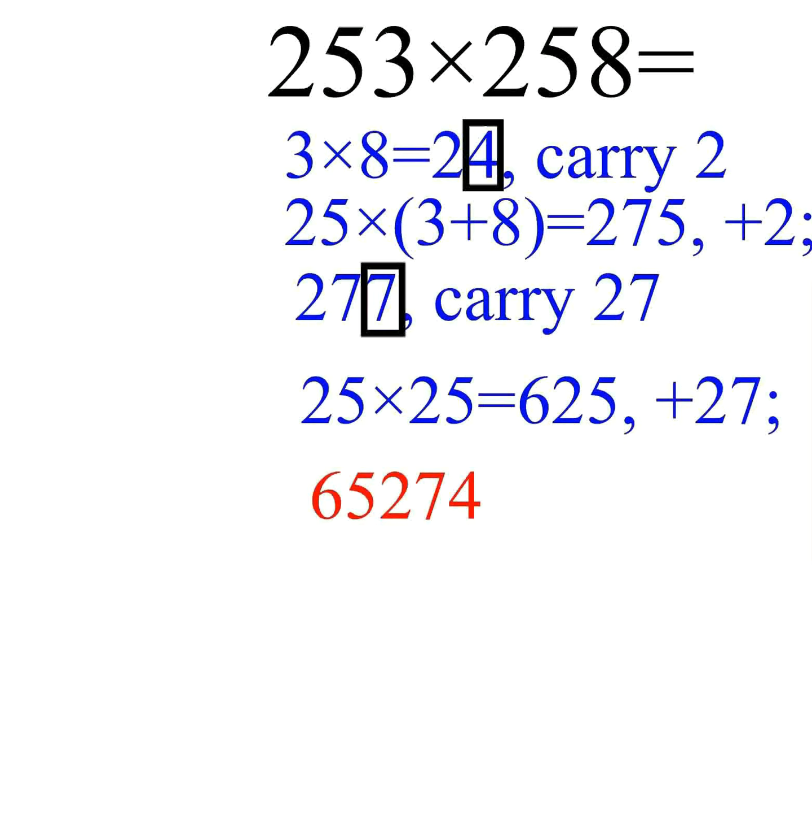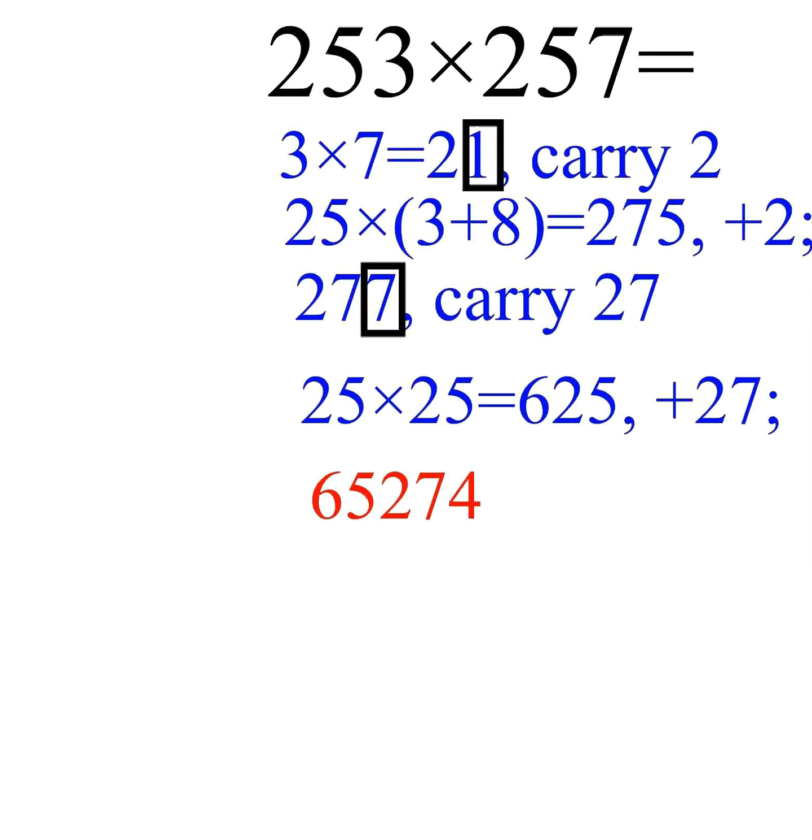It would be more interesting if the sum of the ones places of the numbers we'd like to multiply is equal to 10. For instance, let's suppose in the last example, instead of 8, we have 7. 7 plus 3 equals 10, and they both got 25. So here in the first step, we got 3 times 7, which is equal to 21.